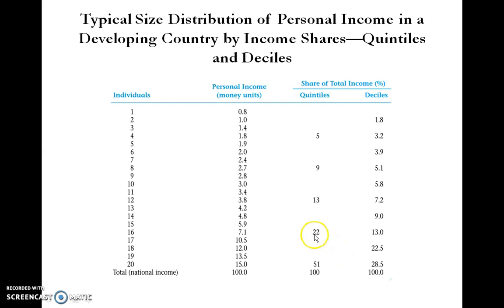Let's compare that to quintile 5, which is the top 20% of the income distribution, and their total share of income is 51%. So clearly you can see the degree of inequality here, and you can analyze it in the same way for deciles.